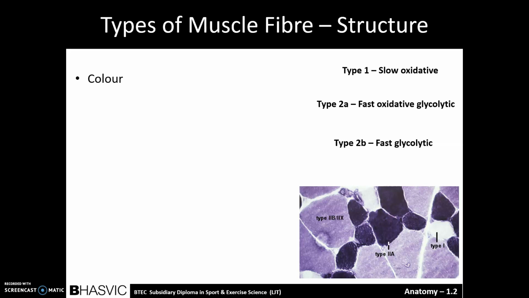And these three all differ in many ways. The colour of each differs. So the slow oxidative colour is red, as it's the smallest one of all three, and it has a high capillary density.